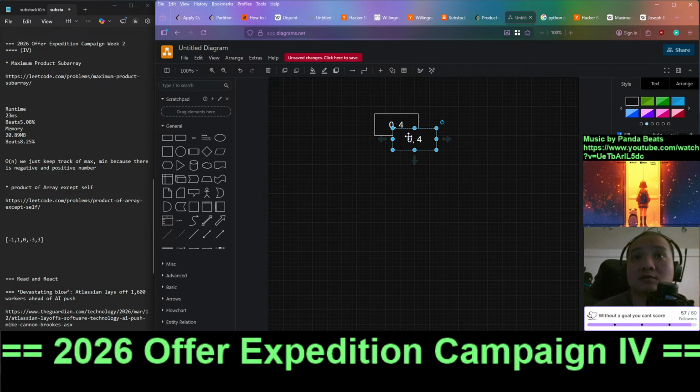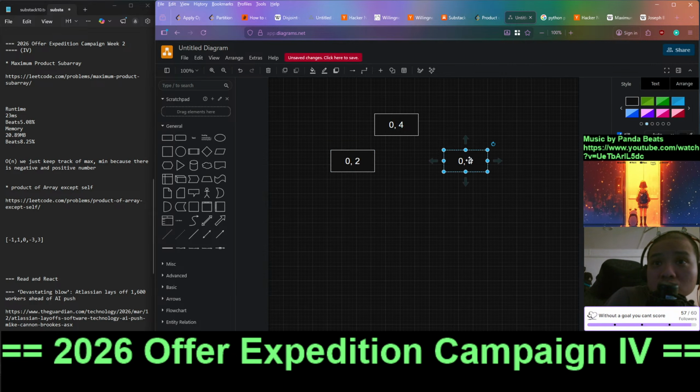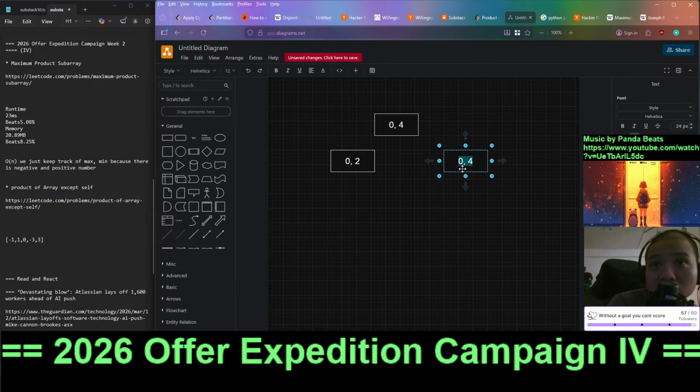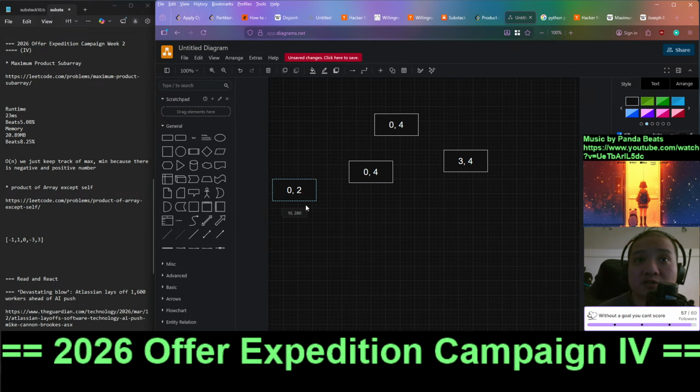Right. So now we split in the left, split in the right. This is 0 to 2. This is 3 to 4. Right. And we do the same thing here.